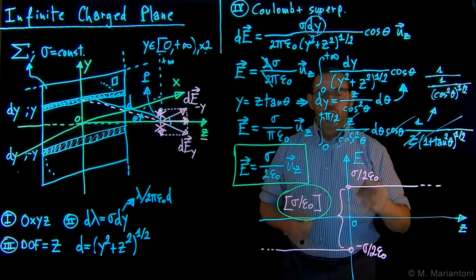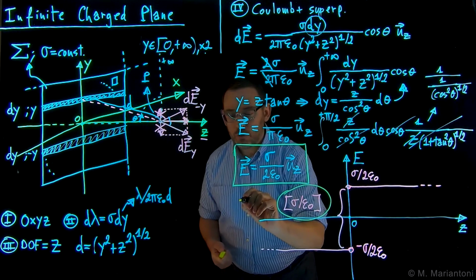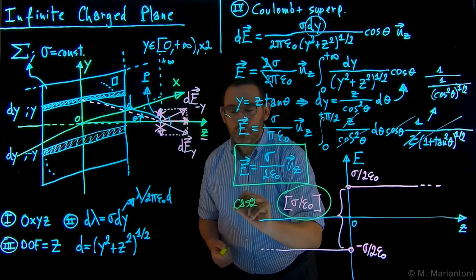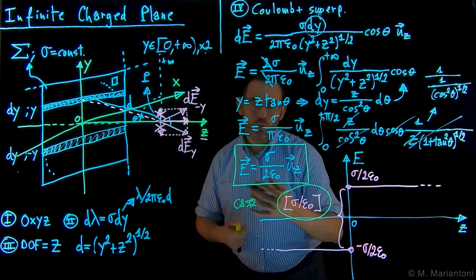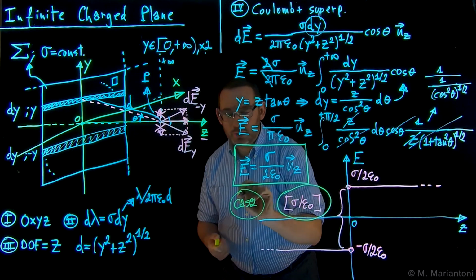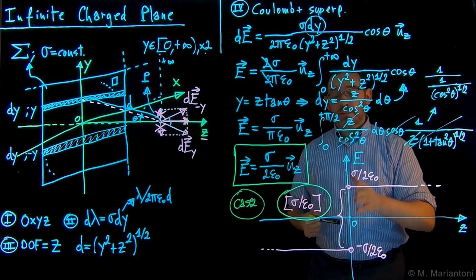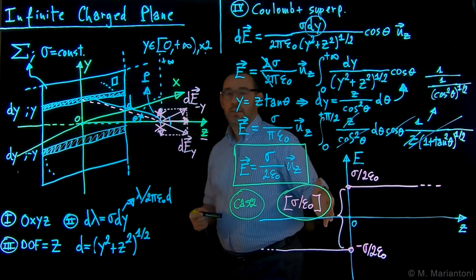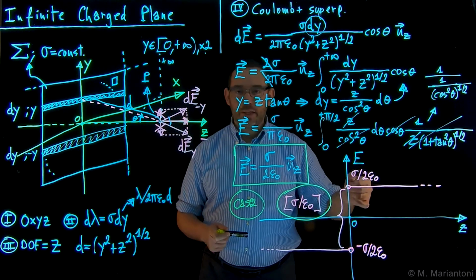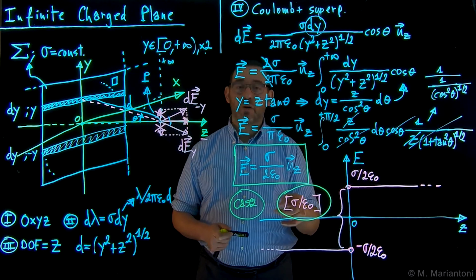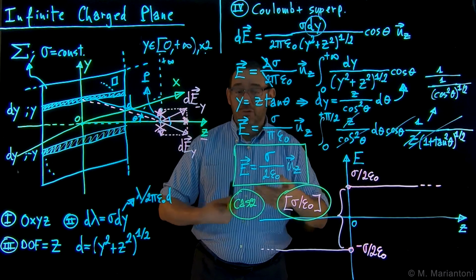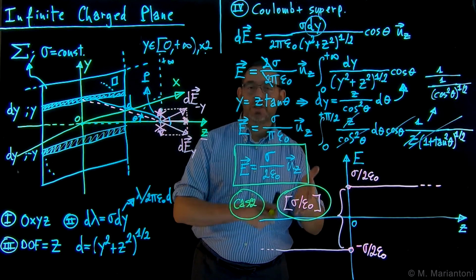Because when we study case 2 of Maxwell's equations in electrostatics, we will find that for a surface charge density like this one, there is a discontinuity of the electric field going from left to right across this surface, which is exactly sigma over epsilon naught. So this example confirms the theory, case 2 of Maxwell's equations in electrostatics, for a particular example.